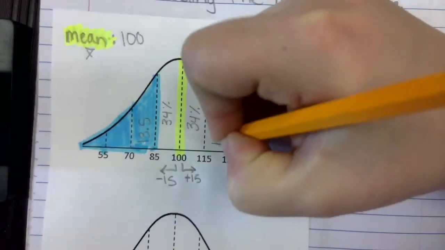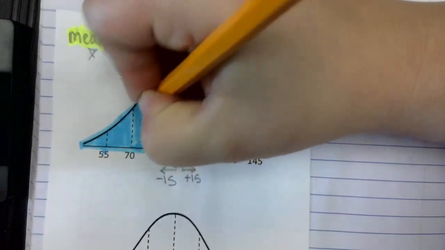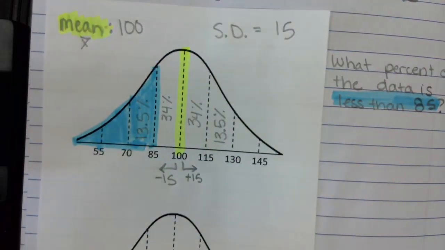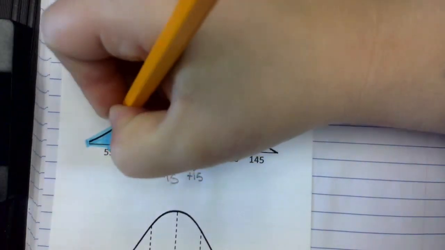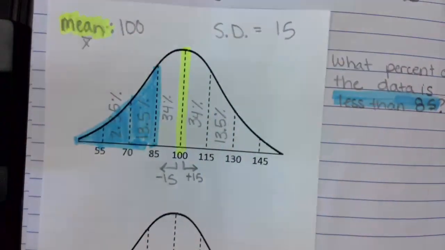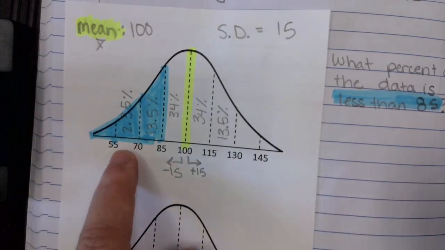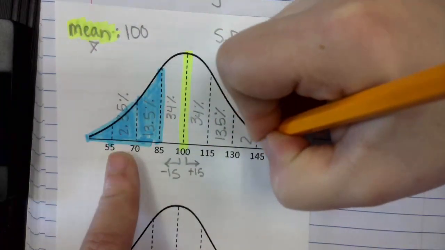And 13.5. 2.35. You are so far ahead. And it's symmetrical, so if it's on one side, it'll be on the other side.